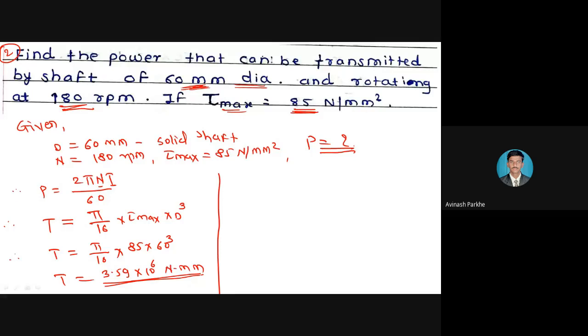And as per our earlier discussion, if I have to calculate the power in watt, that torque should be in Newton meter. In the power formula, whatever the torque is there, that torque should be in Newton meter only.